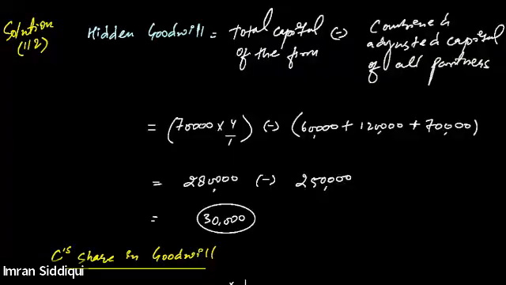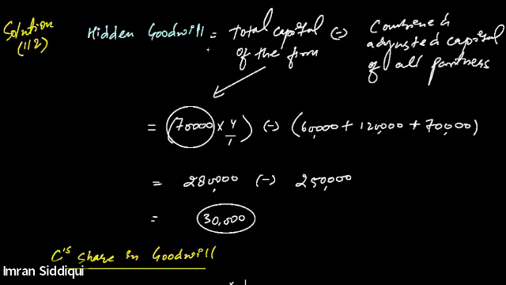So see, this is how we will be solving it. Let me show you the calculation. First of all, we will apply this formula: hidden goodwill equals total capital of the firm minus the combined adjusted capital of the firm. To find out the total capital of the firm, we will take the capital of the new partner, that is 70,000, and multiply it by the reciprocal of the share for which the new partner is entering the business.